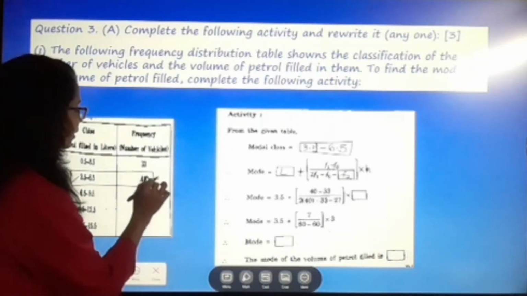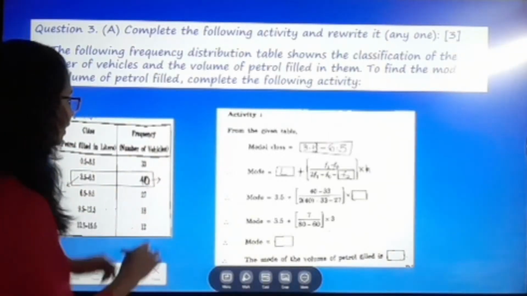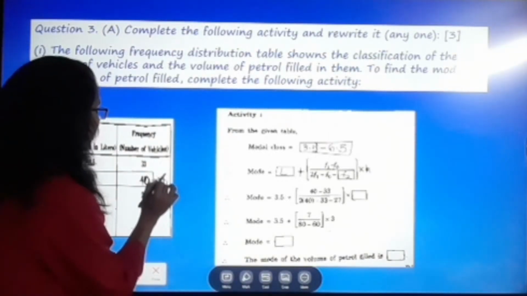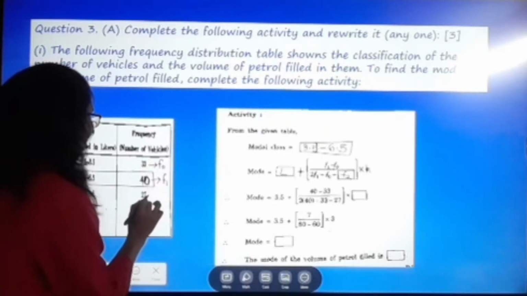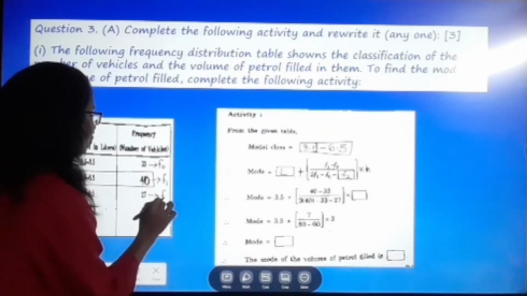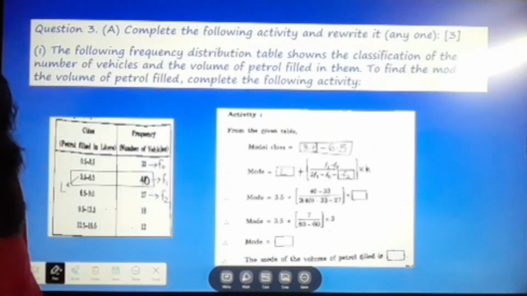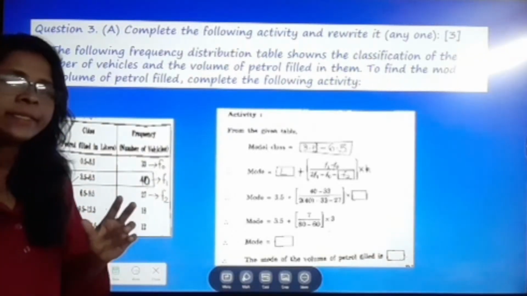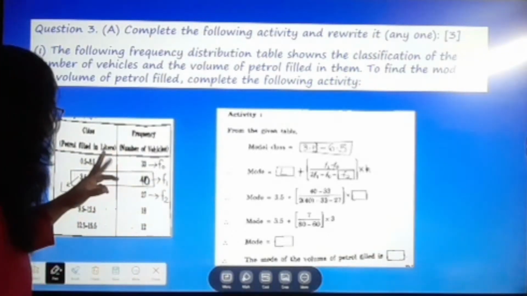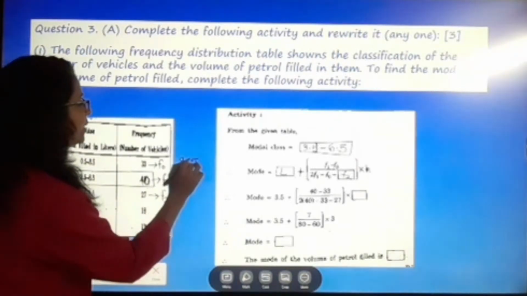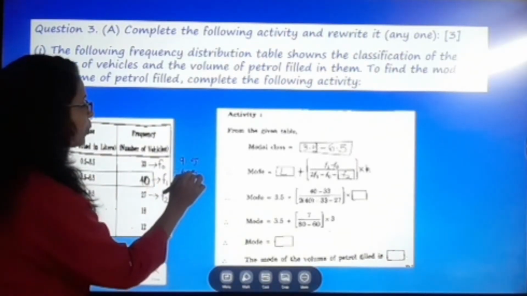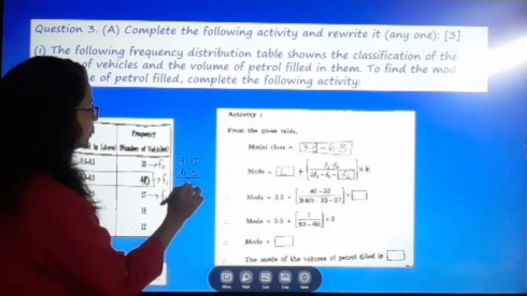Here students, this value 40 is F1, the value before that is F0, and the value after that is F2. And H is the height, that means the class width, the difference between the classes, which is 9.5 minus 6.5, that is 3.